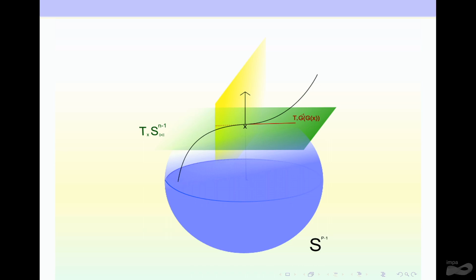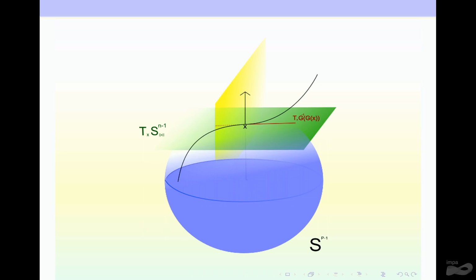Actually, the Milnor set of G. Okay, so this black curve here is supposed to be the fiber of G over Gx. So you fix a point here, you send it to the image and take the fiber of Gx, you get such a curve here.